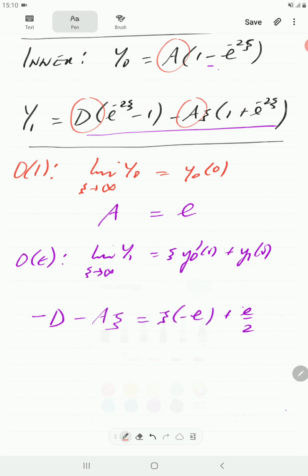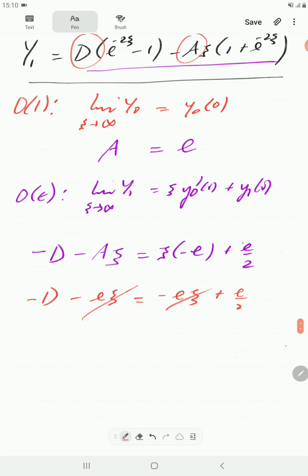A is e, so actually on the left hand side we've got minus d minus e xi is equal to minus e xi plus e over 2, and these two are already matching, which is a good indication. And then from here, this is telling us that d is actually negative e over 2.